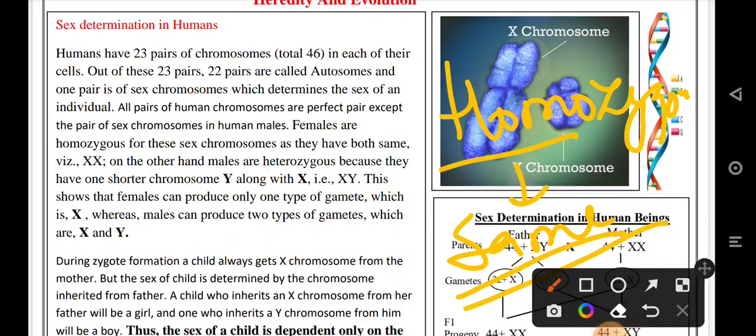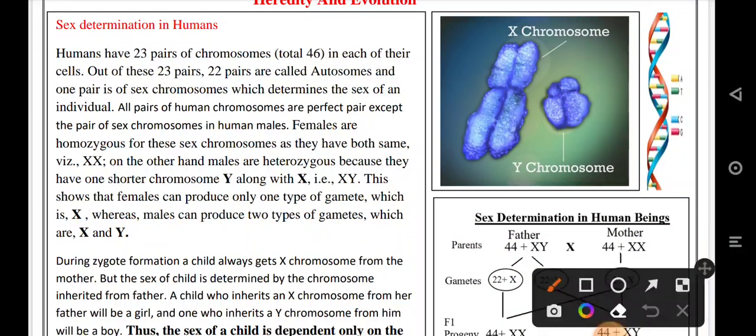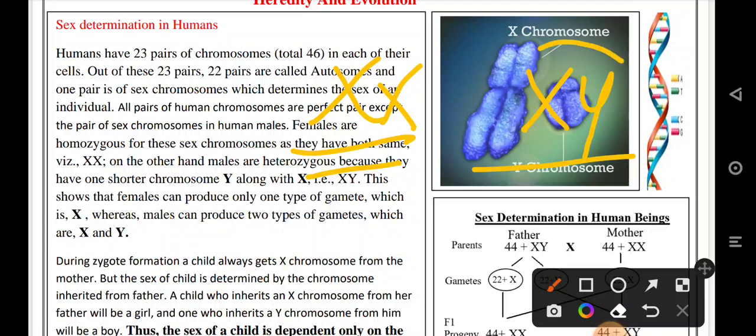So if we talk about human females, they are homozygous, so they contain XX chromosomes, and human males are heterozygous because they contain two different chromosomes, namely X and Y. So males are heterozygous and females are homozygous.